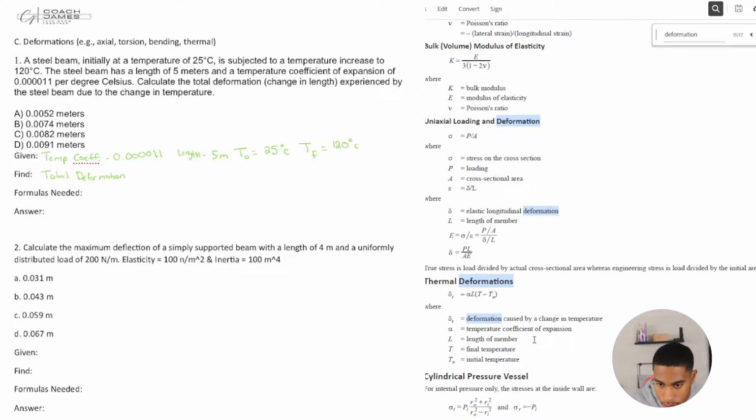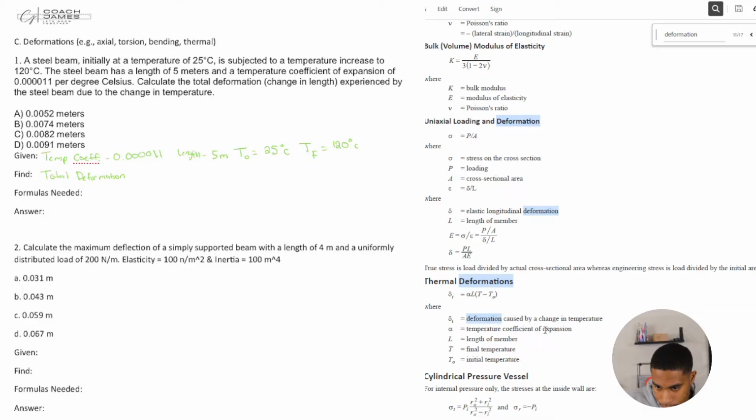Deformation caused by a change in temperature is noted with this symbol, delta T, and that is equal to alpha, the temperature coefficient of expansion. Are we given that? Yes.